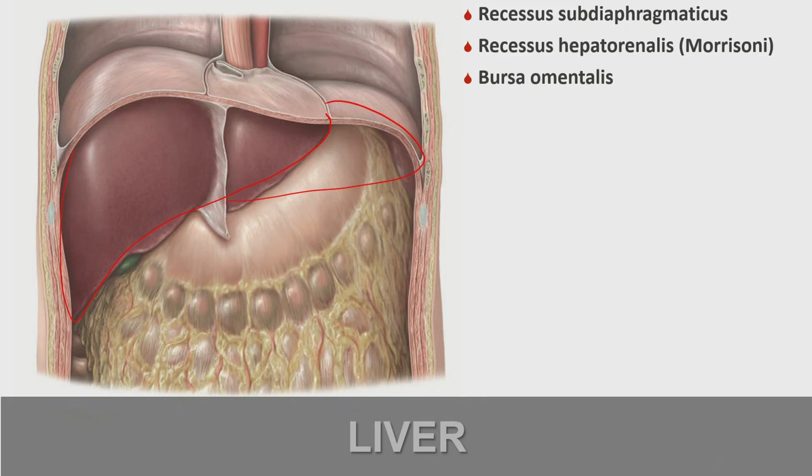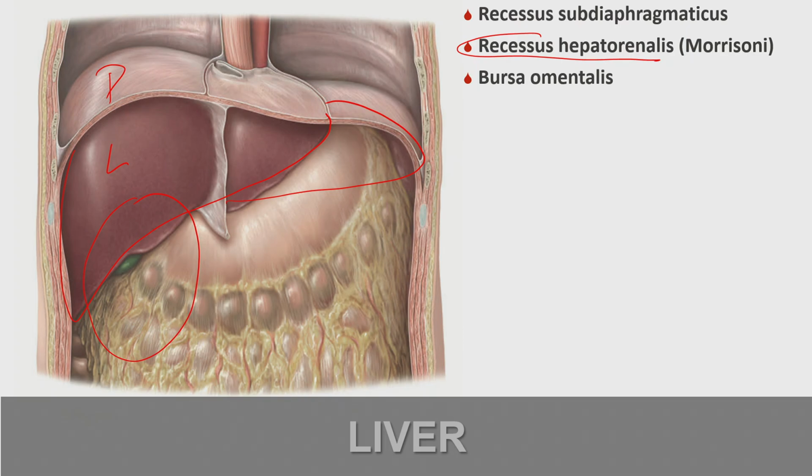Around the liver there are spaces which are part of a peritoneal cavity, and those are recessus subdiaphragmaticus, the recess which is between liver and diaphragm, and also the second space, which is dorsally between a kidney localized in retroperitoneal space and liver, and there is a recessus which is called hepatorenal space, also enlayered by peritoneum.